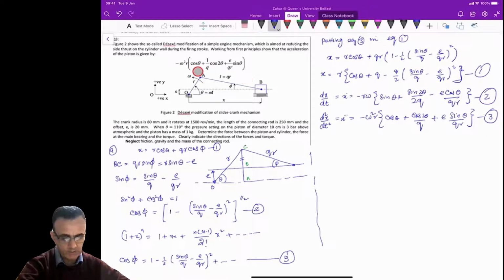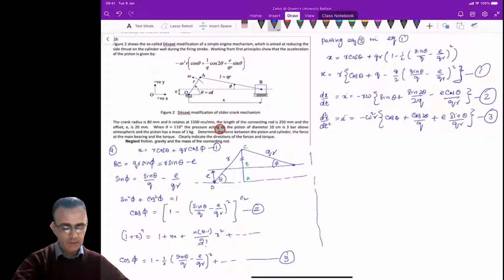So for this specific engine, the equation for x double dot, which is the acceleration, is this equation here, which we derived from first principles. We start from x, then calculate this cos phi using the binomial equation, and then from there we calculate x, and then x dot, and then x double dot.